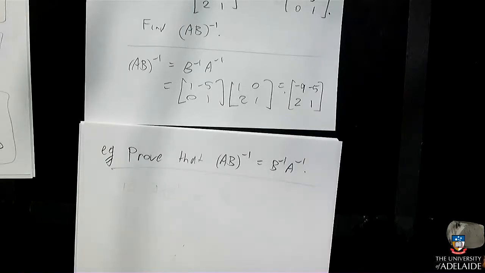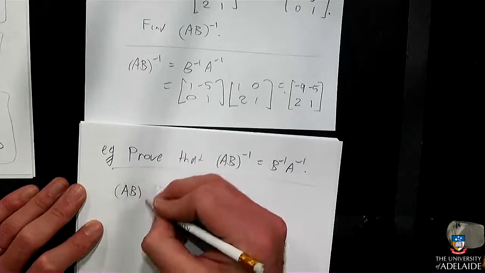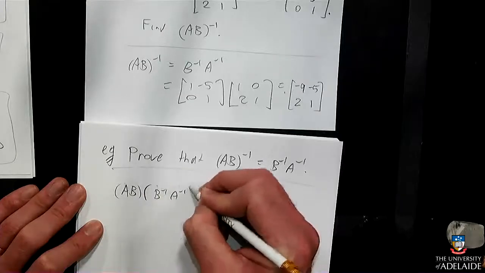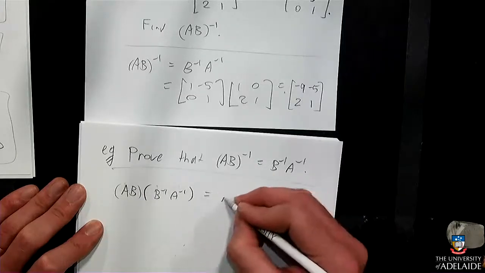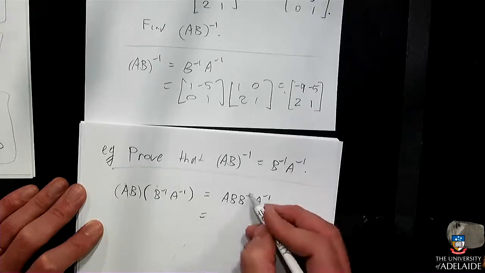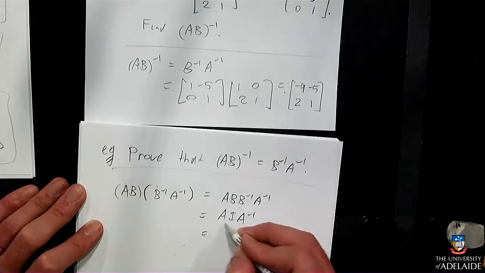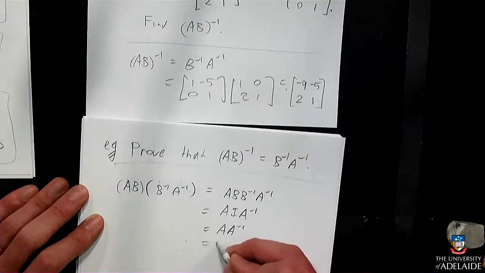So, if it really is the inverse, I should be multiplying AB by this to see what I get. So, AB times B inverse A inverse is the same as this. And B inverse B is the identity. And AI is A. And A inverse A is the identity.